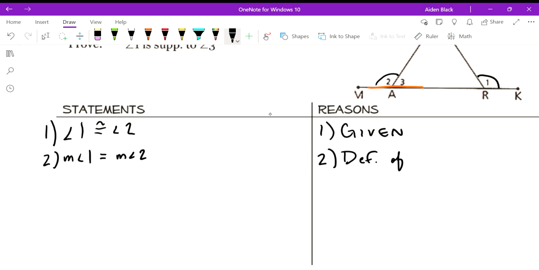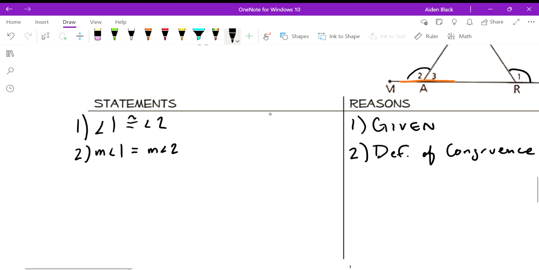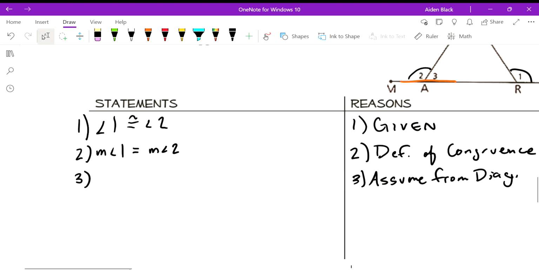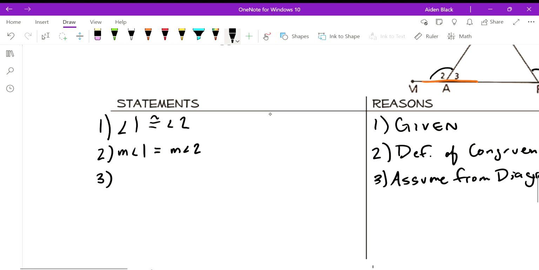You do not have to do a proof in one specific way. Okay, by definition of congruence, we know that's true. Now I'm going to point out via the diagram. So I'm going to assume from the diagram one of the few things I can assume from a diagram. That is, that angle 2 and angle 3 form a linear pair.